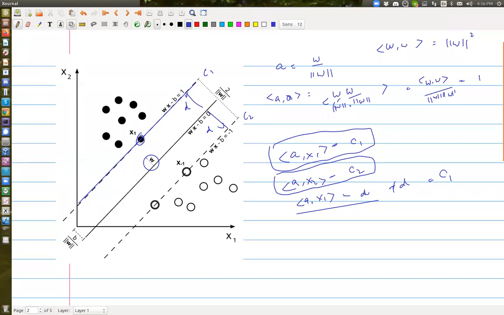Let's say I take D, or take the gap here, so the distance is 2D. So I just add D or minus D. And then I also have AX2 minus D plus D is equal to C2, right?